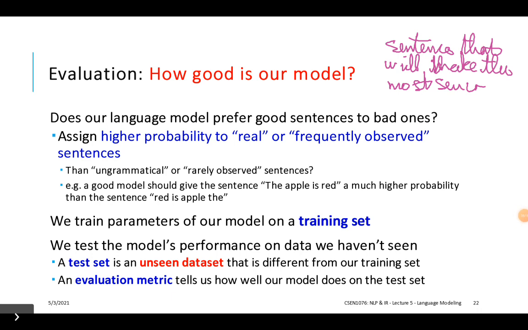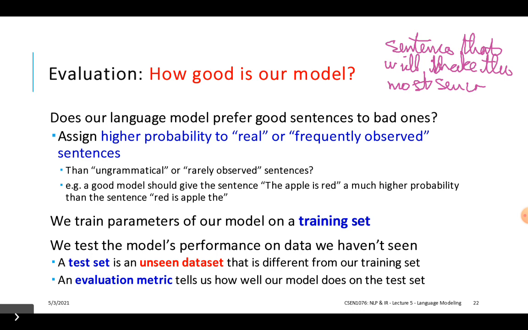So back to the evaluation that we were talking about. The perfect measure of evaluating a language model is to provide an assessment of the sentence that makes the most sense. It means something semantically approachable to human beings.